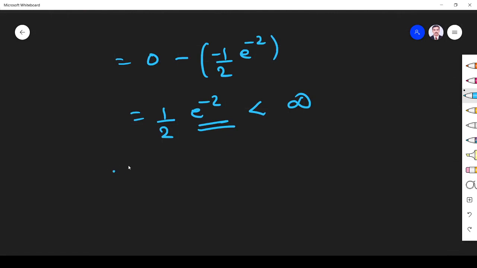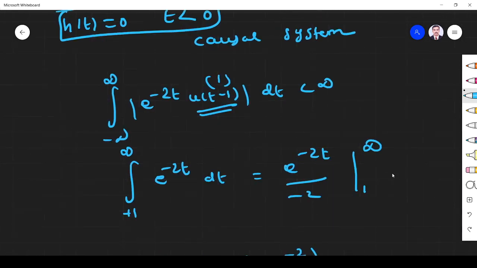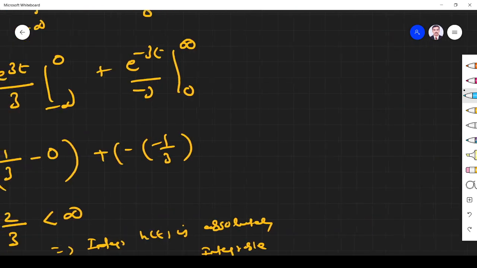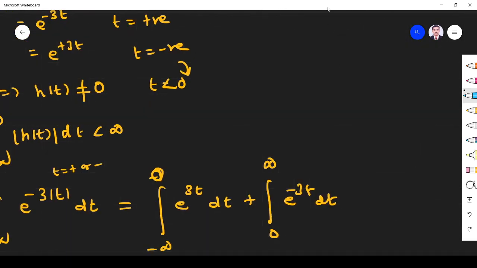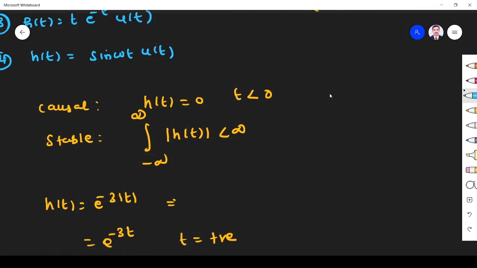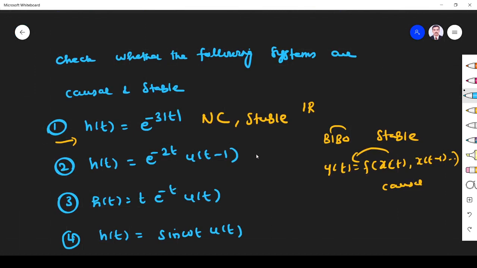So h of t is absolutely integrable. We got some finite value. Therefore, the system is stable. So the second system is causal and stable. Right? So we got the second one also. Second one is causal and stable.